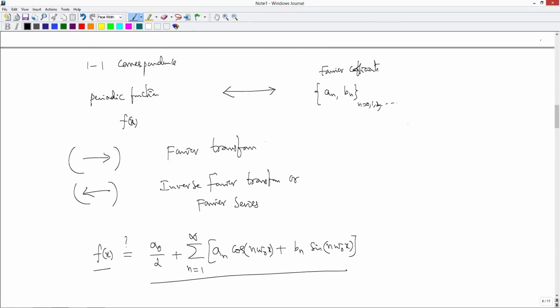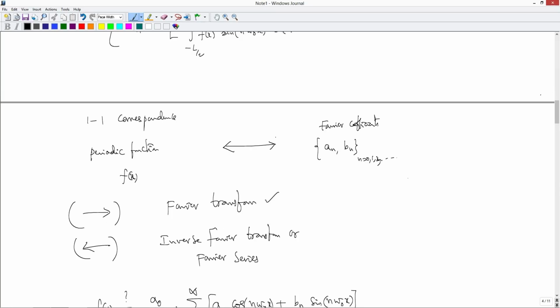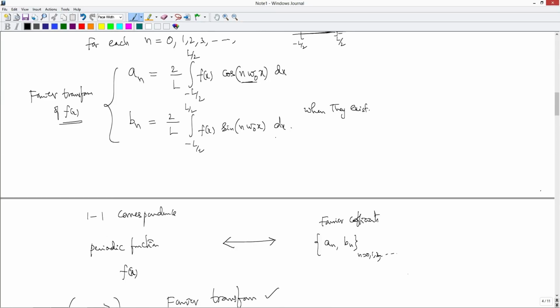Given any periodic function f of x, you can always define the Fourier coefficients. Only thing you have to make sure is that these integrals are finite. As long as these integrals are finite, for all such general signals you can get the Fourier coefficients.